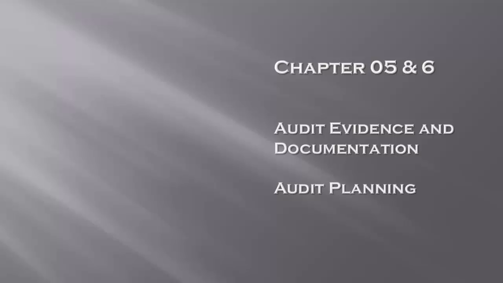Corresponding to this, we've talked about completing what we call the comprehensive audit, where we're looking at both the financial statements and the audit of internal controls over financial reporting. All of these two elements dovetail in terms of what we're looking at and how we document the complete process. So let's go ahead and jump into the material.